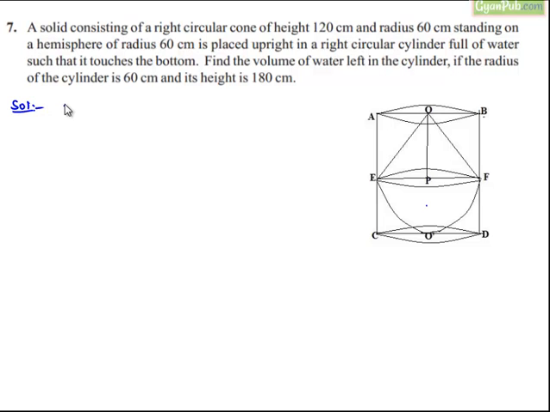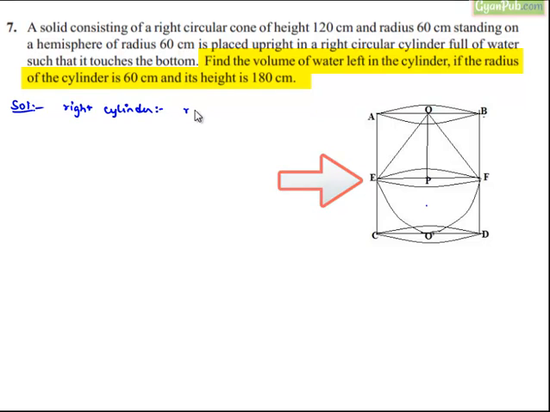So let us consider first the right circular cylinder. Here for the cylinder, the dimensions are given as radius is equal to 60 centimeters and height is equal to 180 centimeters.